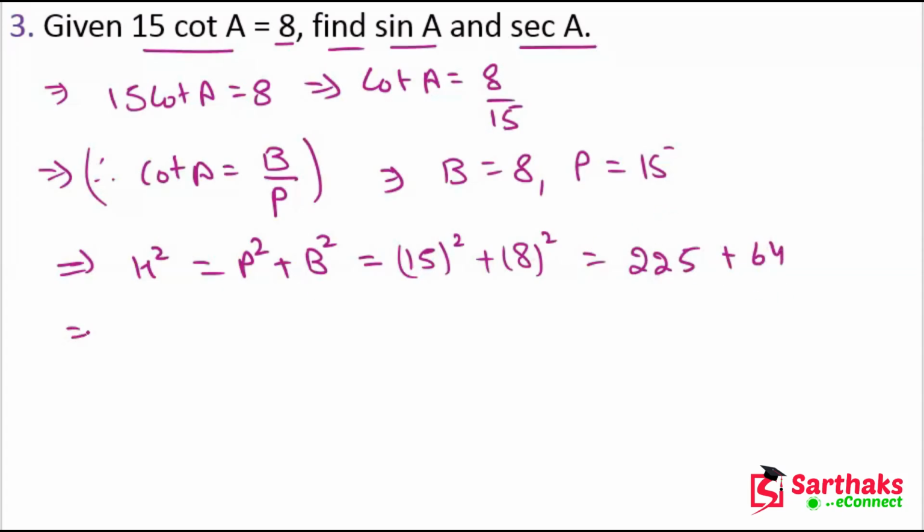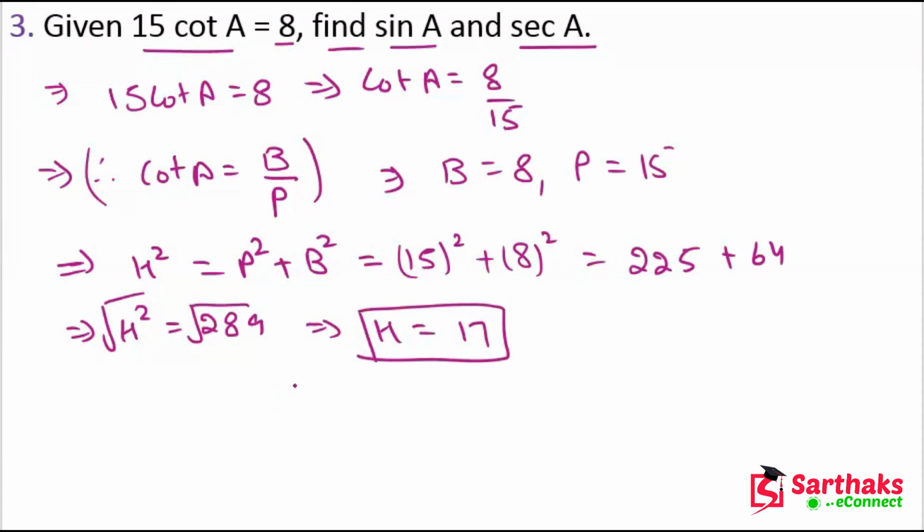If we solve it, we have h square is equals to 289, and if we take under root both the sides, we get h is equals to 17.